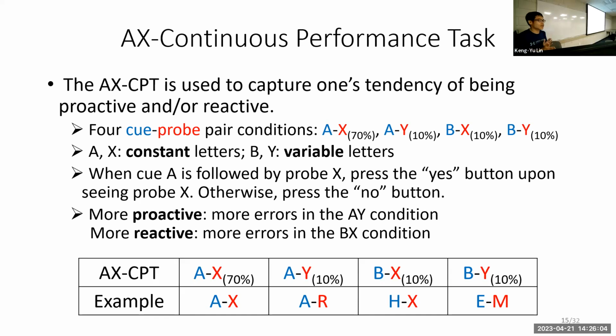And if participants are more reactive, they are going to make more errors in the BX condition, because the probe X in the BX condition might come as an interference with the AX probe, right? This is what a typical AX-CPT task will do.